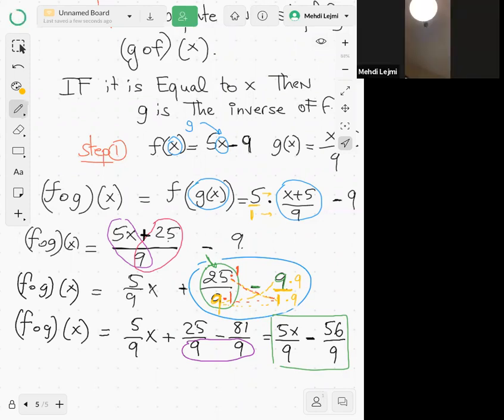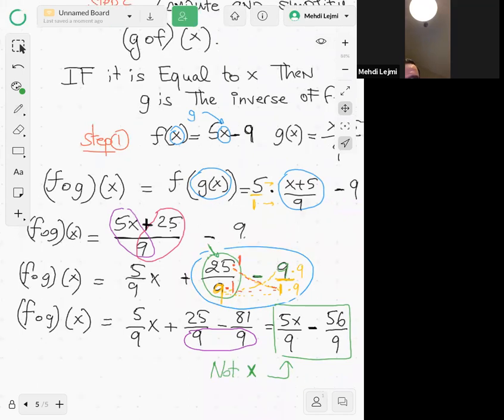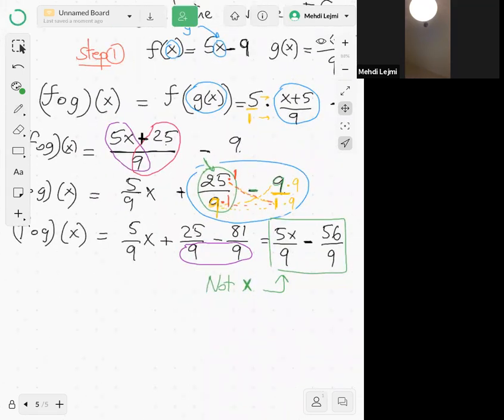So I got this f of g of x, and obviously it's not equal to x. Because it's not x, we can stop here. We don't need to move to the next step. So this g is not the inverse of f.